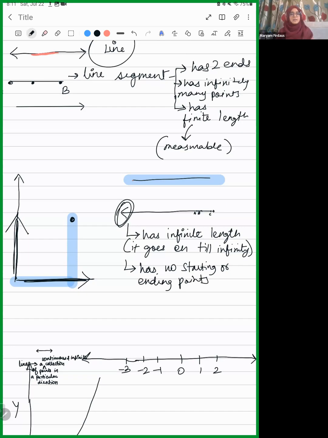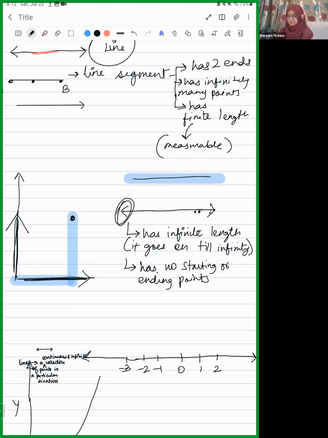It is endless. A line is what? It is endless. That's what we discussed, right? It goes on till infinity, in both directions, not just in one direction. It has no starting or ending point. Did you understand this? Yes, ma'am. Good.